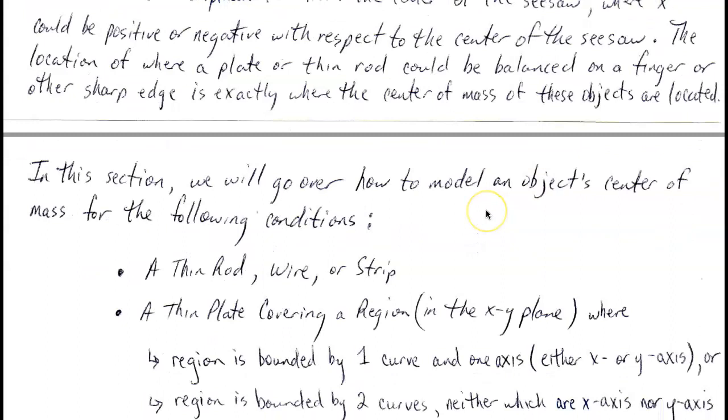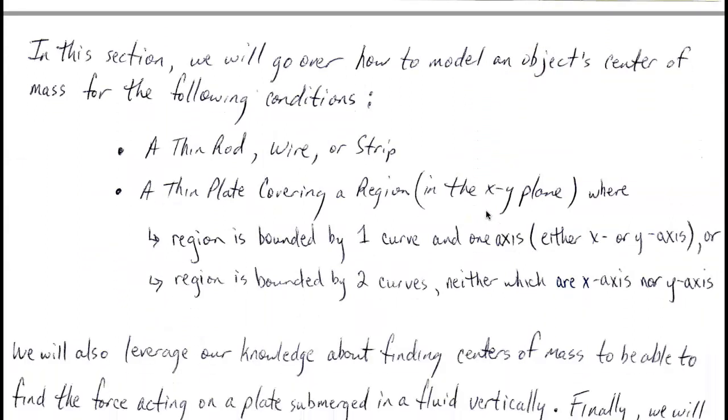So what we're going to go over in this video is, first of all, to study what moments are and see how they play a role in calculating the center of mass or centroid for an object. We're going to do it in very specific situations. The first thing we'll look at is a one-dimensional case, a thin rod, wire, or strip of something.